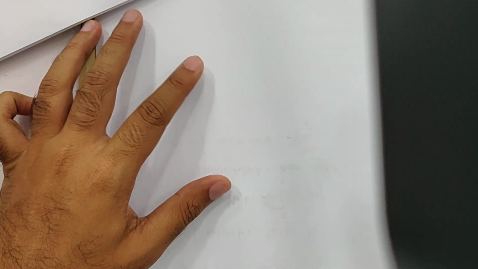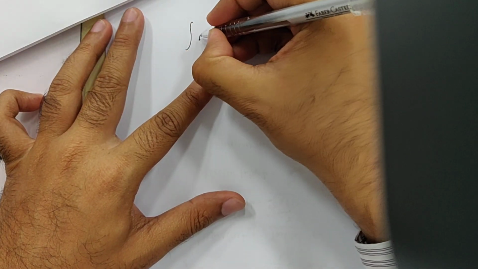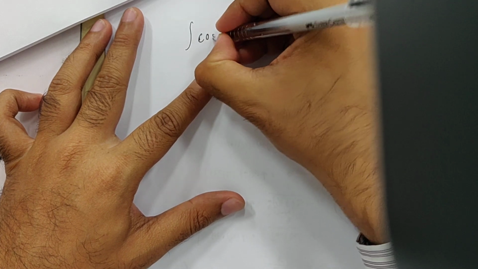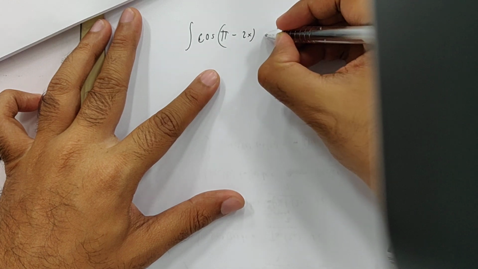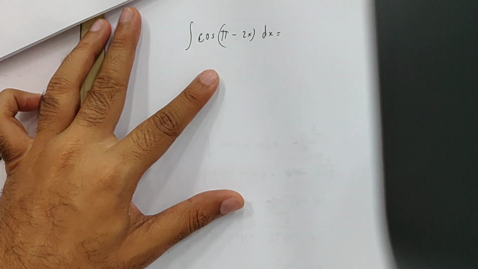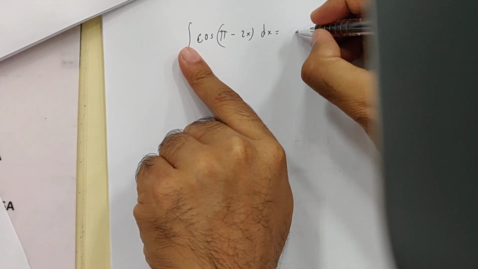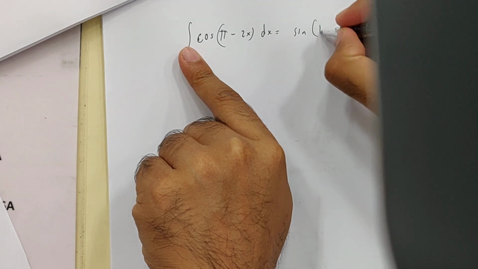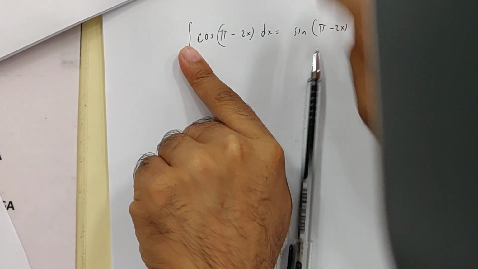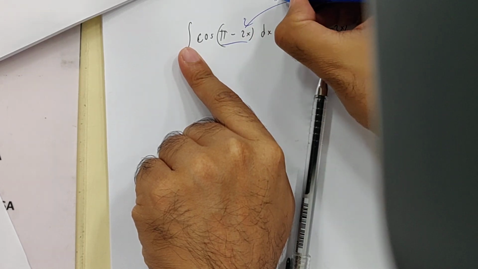Okay, now, if we try to integrate, let's have some basics. How do we integrate this? Cos of pi minus 2x. Integrate cos, what do we get? Sine. And then what's the value of the bracket? Pi minus 2x, the bracket stays the same.